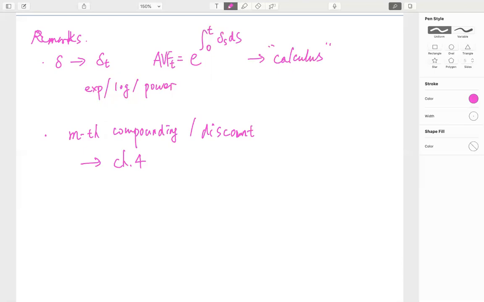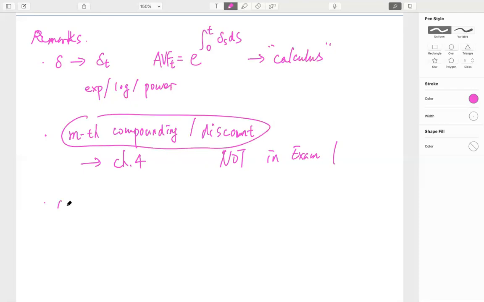So those will not be in exam 1. In exam 1, we will not test m-thly compounding. So whenever we talk about compounding or compound interest rate, it means we compound once a year.